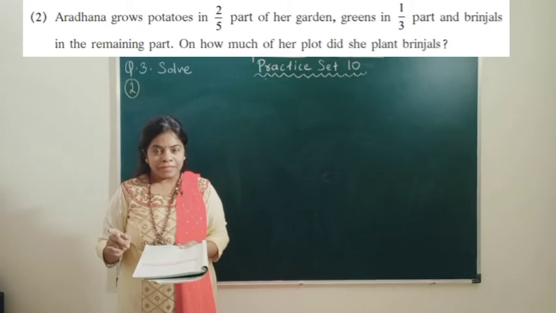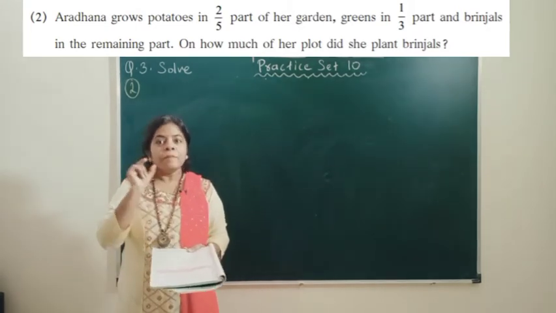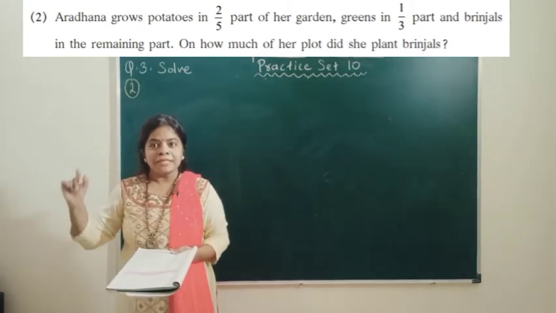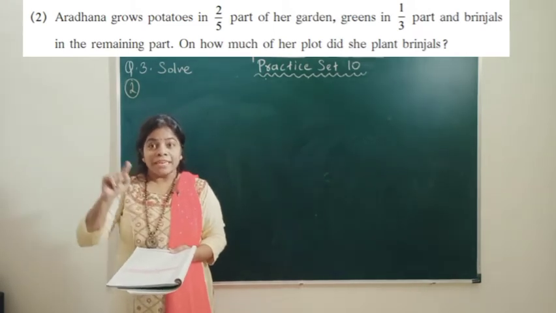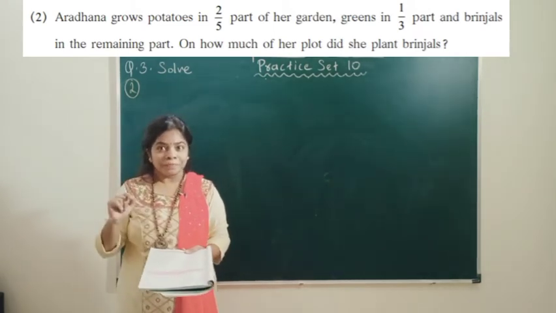First the statements, then potatoes plus greens plus brinjals is equal to 1 because that is grown in one whole plot.